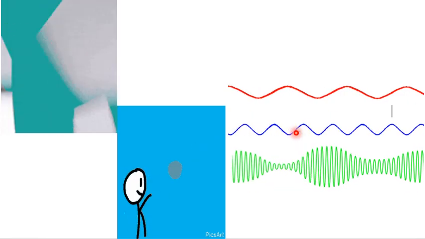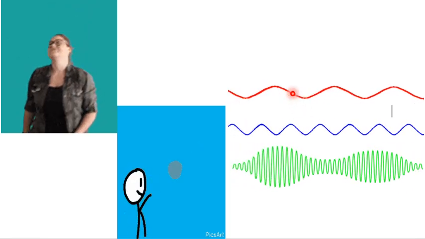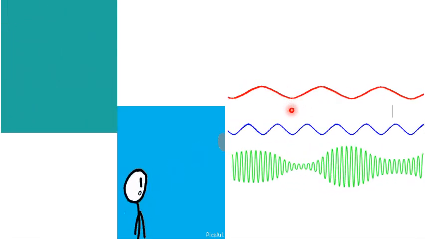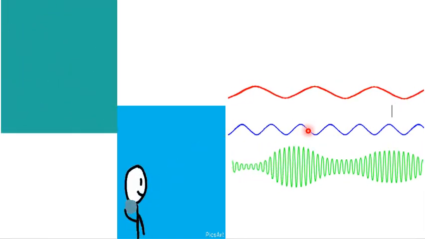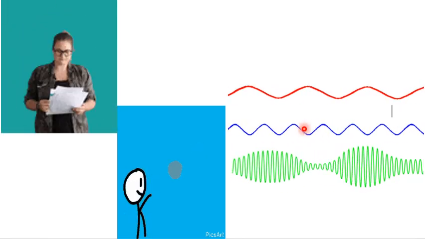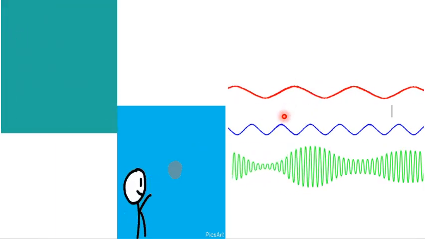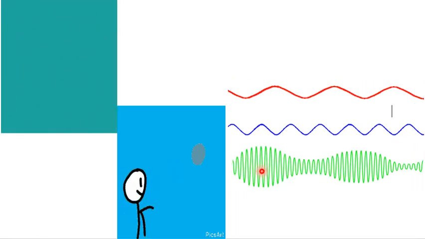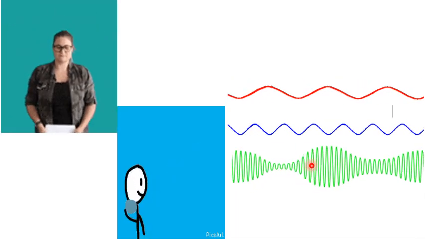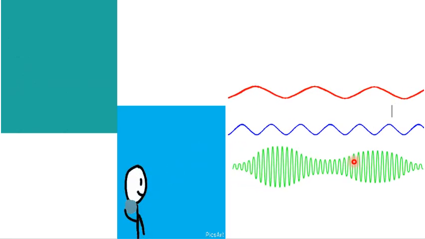This high frequency signal, which is going to carry the low frequency information signal, is called a carrier signal. By superimposing the low frequency signal with the high frequency carrier signal, we can send the low frequency message signal with a high frequency carrier signal to a very long distance.